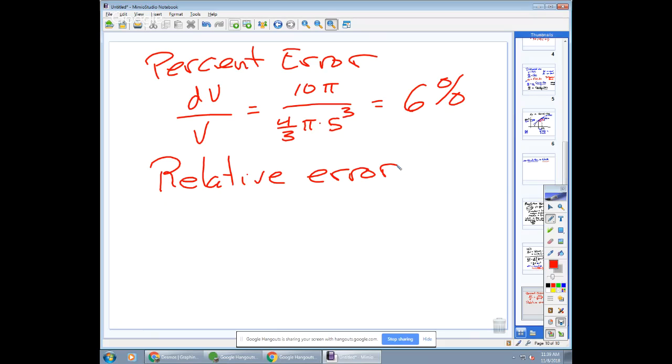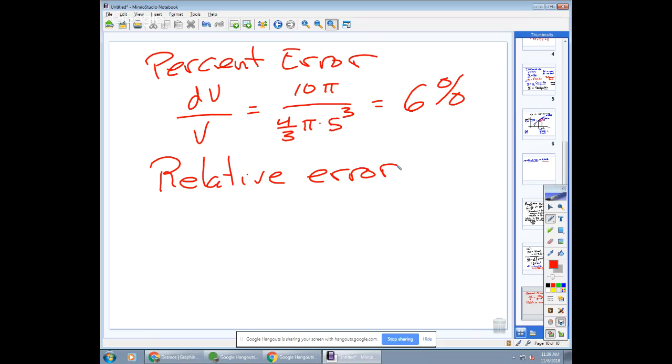So those are some of the things we can take a look at. Somebody running the production line might say 6% error per ball bearing max is just too big. We've got to get the machines to get that radius closer.